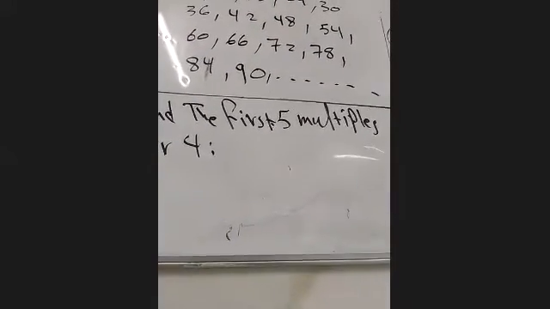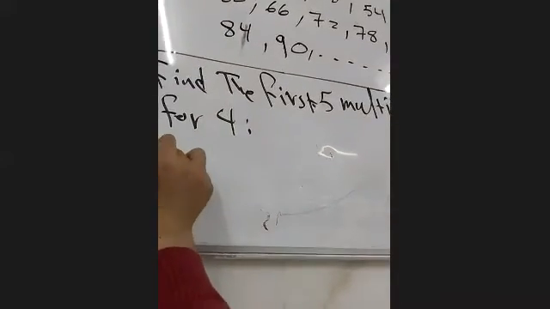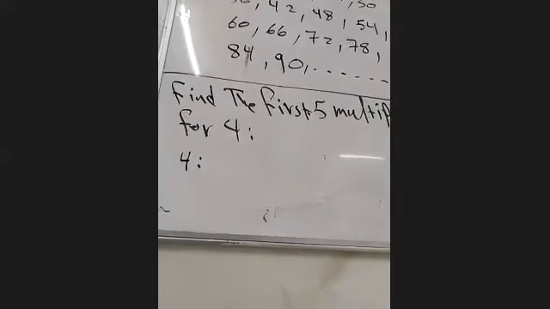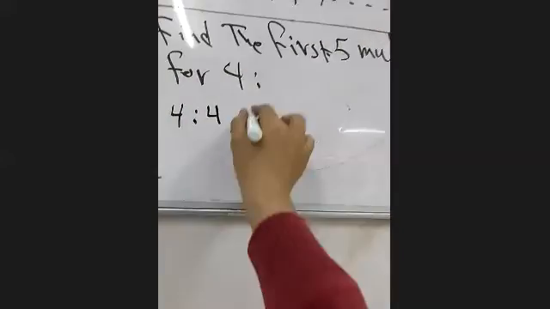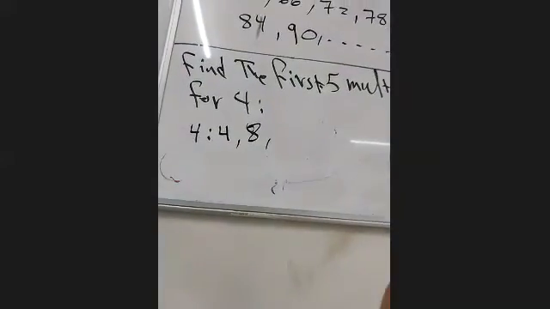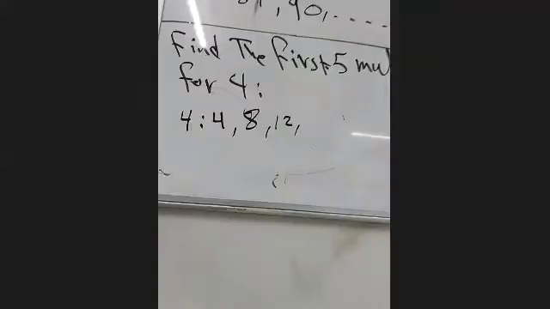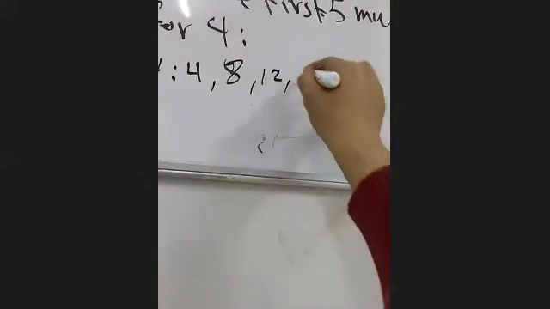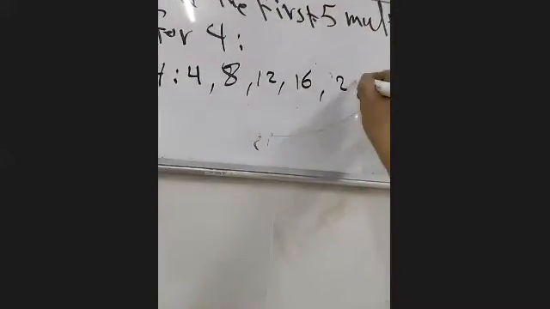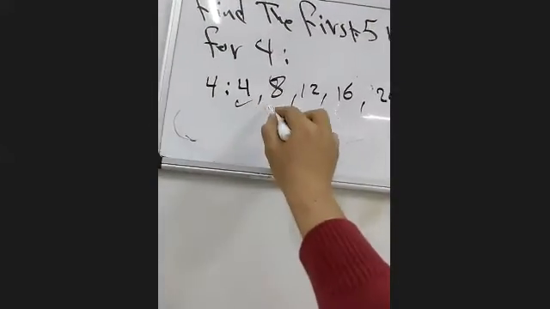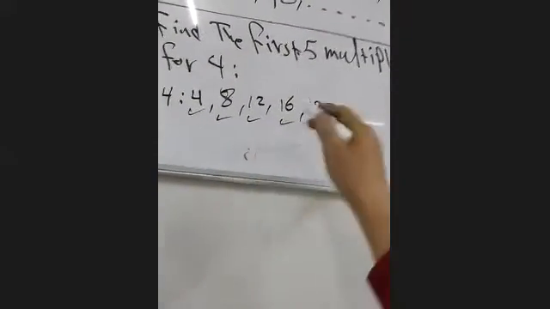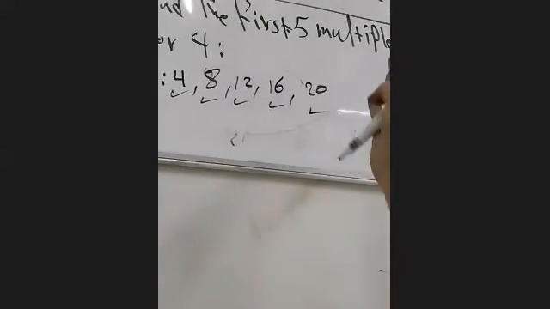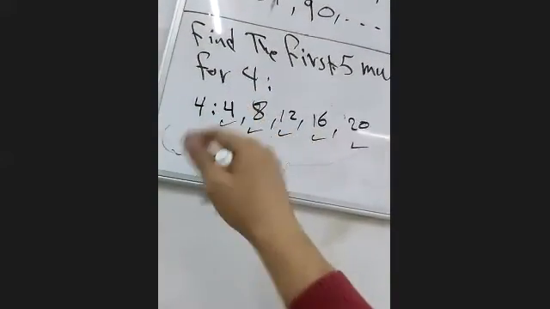I depend on the multiplication table. 4 by 1, 4. 4 by 2, 8. 4 by 3, 12. 4 by 4, 16. 4 by 5, 20. Count: 1, 2, 3, 4, 5. So I have 5 multiples. If I want to do more, I do more. It depends on you.